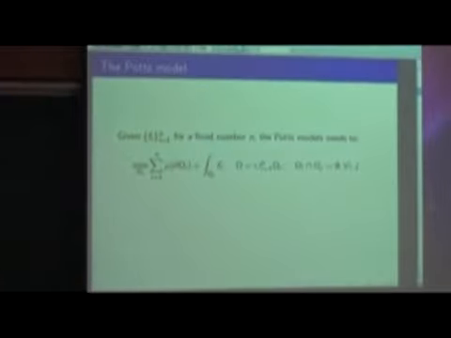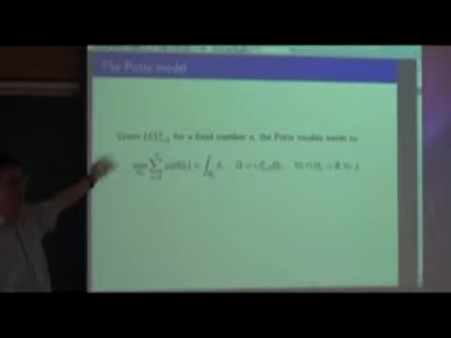This is called the Potts model. If you read the original Potts paper, it has nothing to do with this one, but a lot of development came after Potts, and this model is called the Potts model.